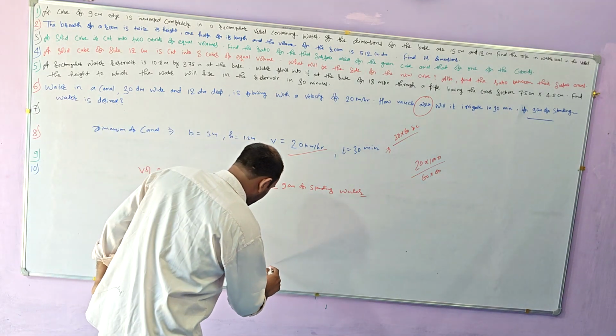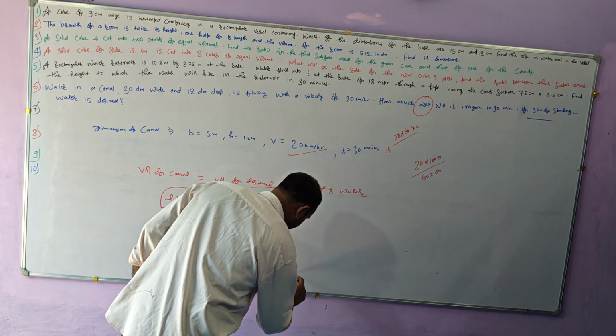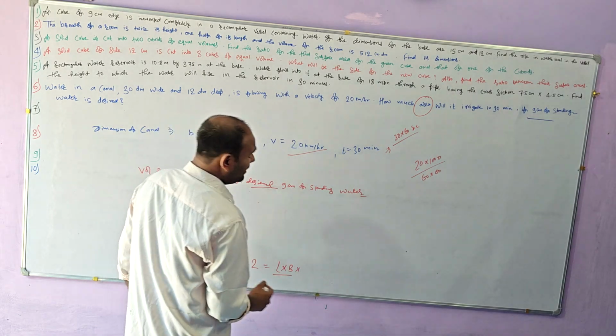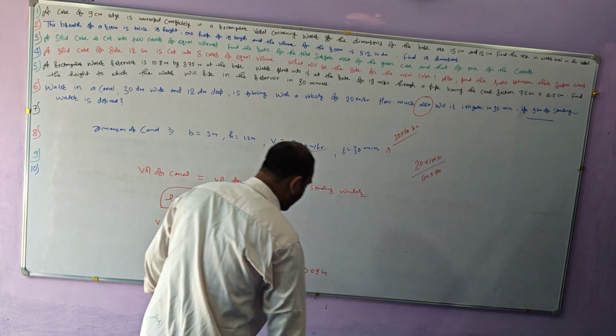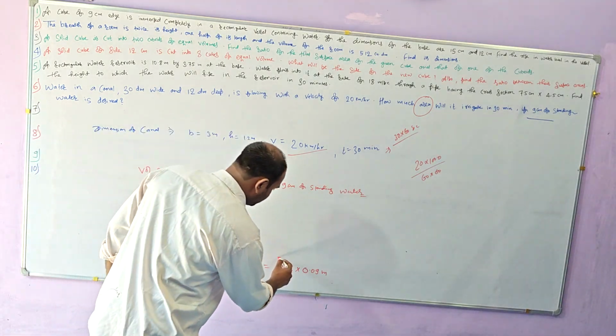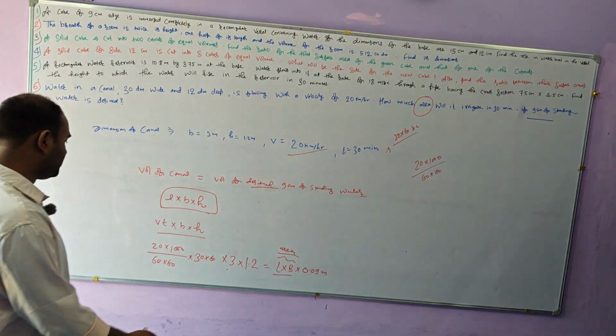So we suppose area is L into B, and there is a height of 9 centimeter, so we can say 0.09 meter, that is equal to, we are talking about this area, we need to find out.